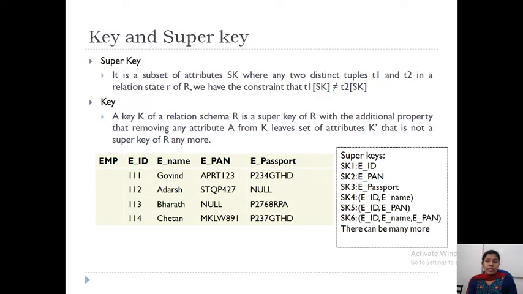And as I said, it is a combination of attributes, right? A super key can have more than one attribute. Now, if I combine employee name with employee ID, can it be a super key? Just check with this. I have 111 and Govind, and in the second tuple I have 112 and Adarsh.